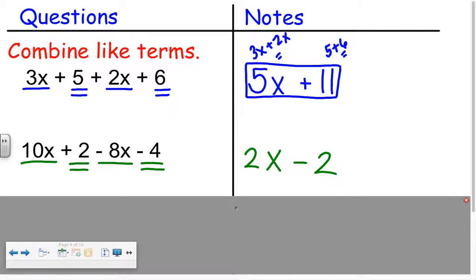It's going to become really important in this lesson to make sure that you're looking at the sign in front of the numbers. 10 was positive, 2 was positive, 8 is negative, 4 is negative. So for the 2x, I did 10 minus 8 to give me 2. 2 minus 4 is what gave me the negative 2.